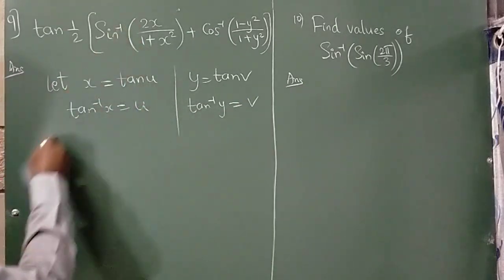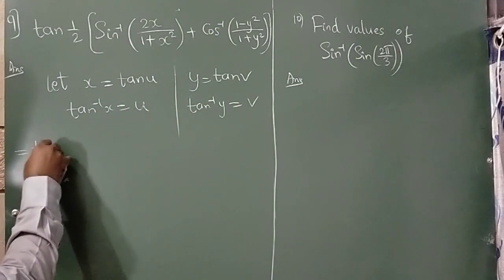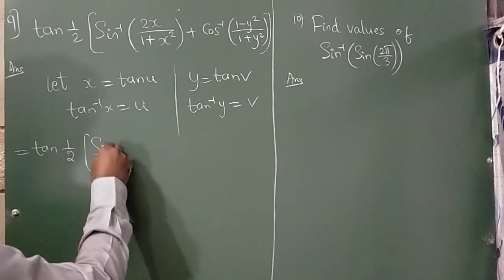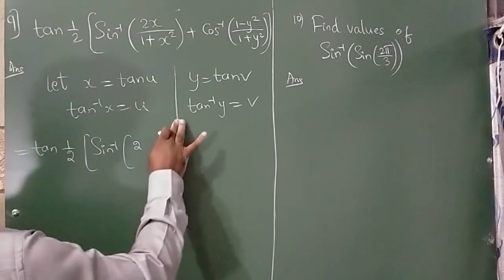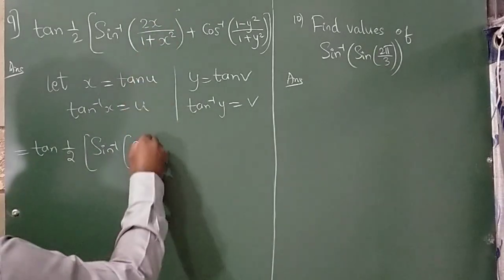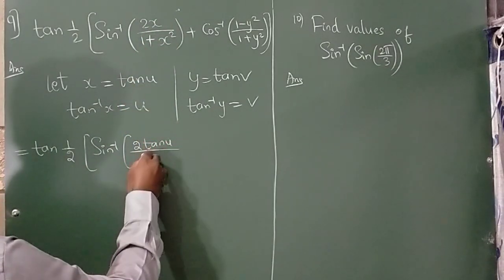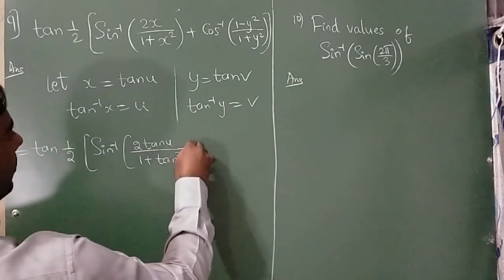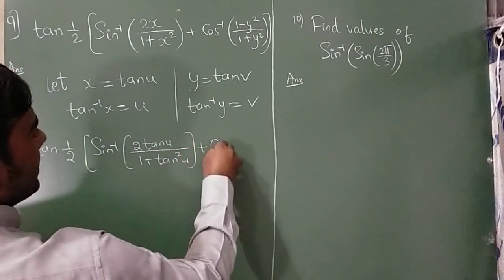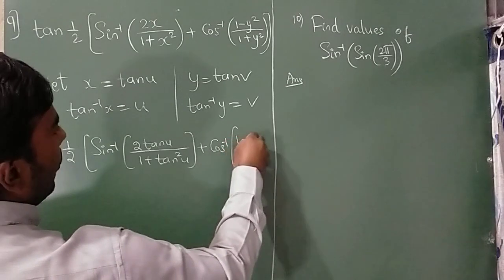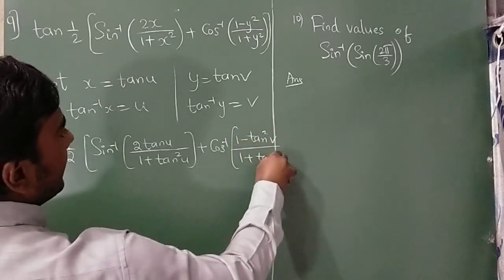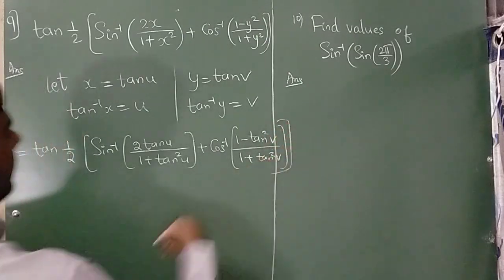Now substitute this here. That is tan 1 upon 2 into (sine inverse of, in place of x, write 2 tan u divided by 1 plus tan square u, plus cos inverse of 1 minus tan square v divided by 1 plus tan square v). Fine.